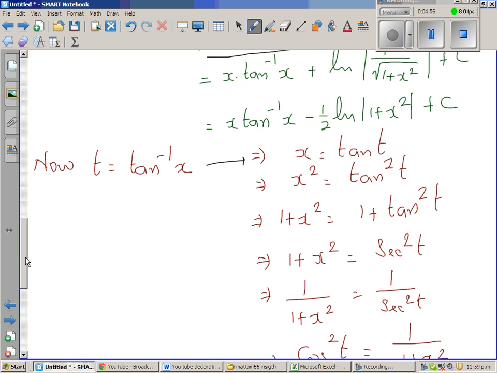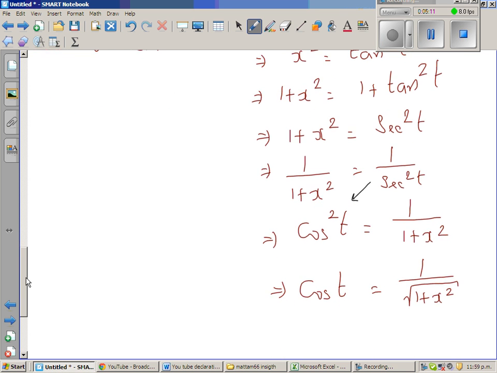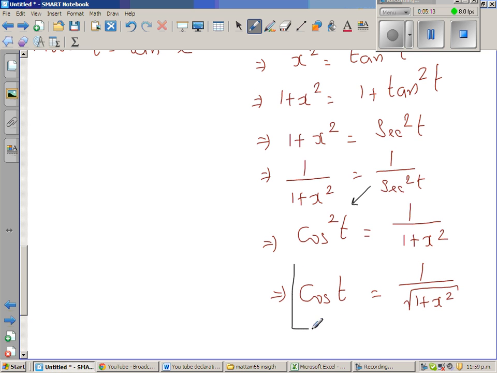So 1 plus x squared is sec squared t. Taking the reciprocal of both, 1 over 1 plus x squared is 1 over sec squared t, and 1 over sec squared t is nothing but cos squared t. So cos squared t is 1 over 1 plus x squared, and taking the square root, I can say cos t is 1 over square root of 1 plus x squared.